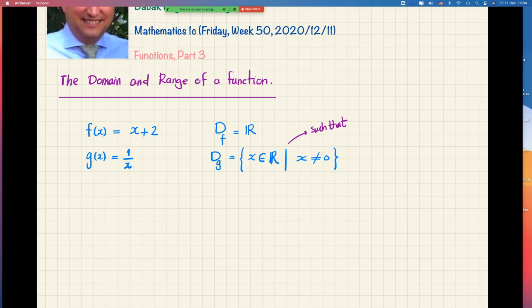Instead of saying this English sentence, you can just write it in symbols. But mathematics is a language, so you need to respect the punctuation rules and the grammar rules for that language. For example, you cannot ask why you are not allowed to put brackets here. The reason is that at the end of a sentence we put a full stop, we don't put a comma. That's the same reason. Okay, so this is the domain of this function.